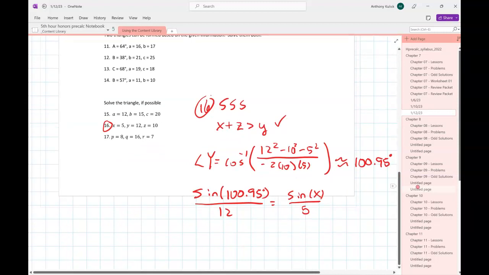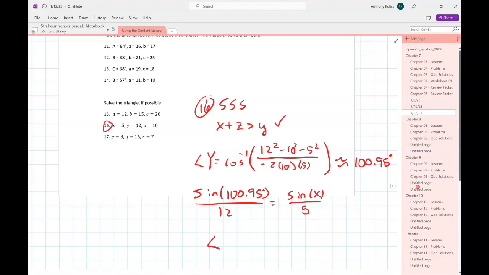So I'll cross multiply, divide by 12, and then do the sine inverse. Tess, is it okay if I just skate through that algebra there? We did it a bunch before in the homework.